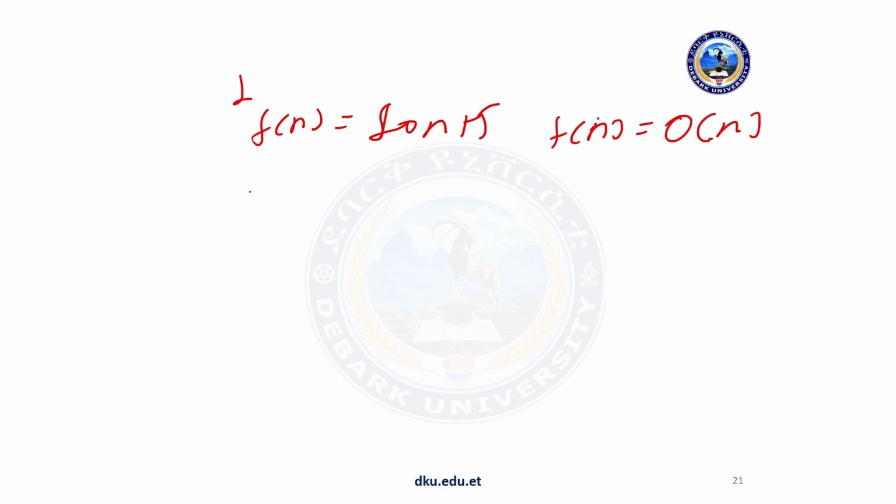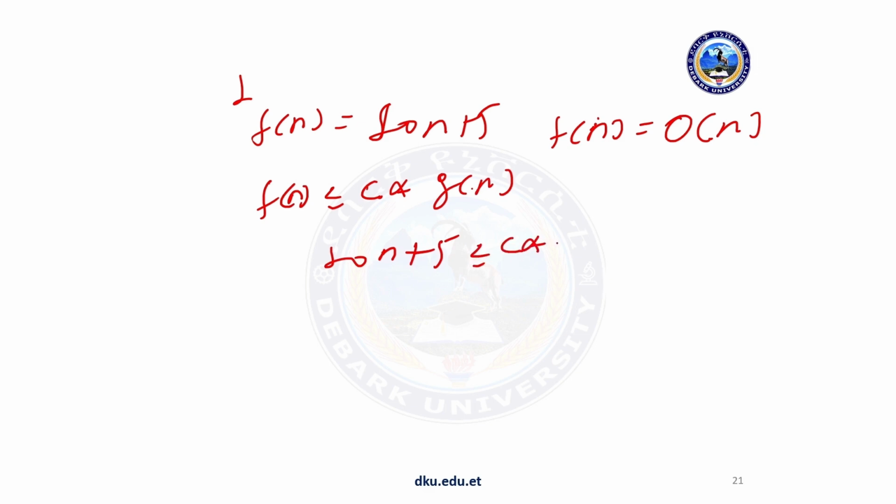To do this, from the definition of big O notation, f of n is less than or equal to c times g of n. So 10n plus 5 is less than or equal to c times g of n, right?